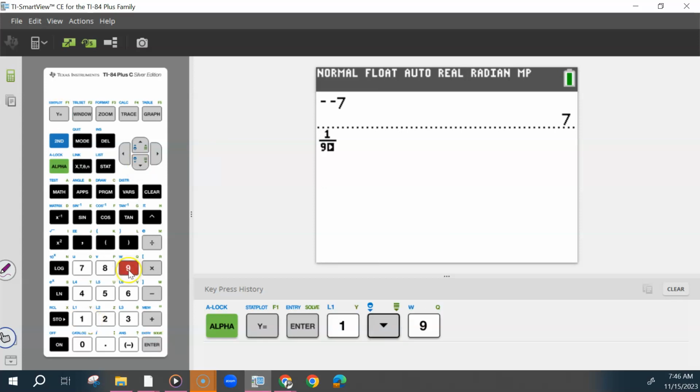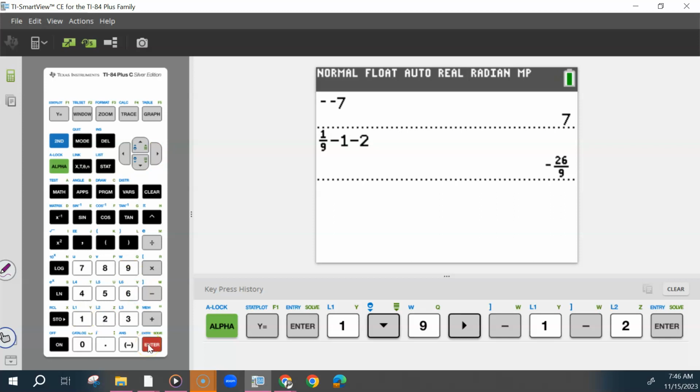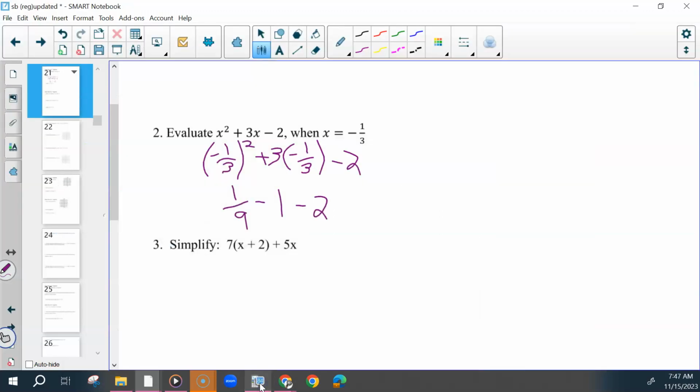So 1/9 minus 1 minus 2 is negative 26 ninths. Have any questions about that one? You did not use parentheses here and you got a negative. You have to use parentheses.